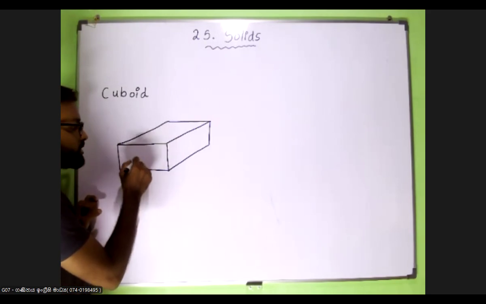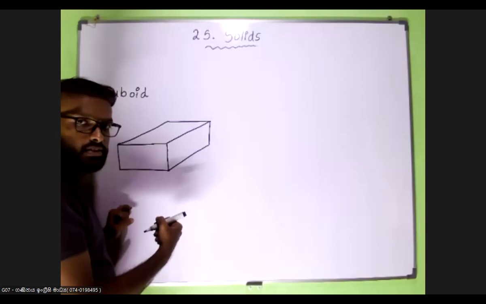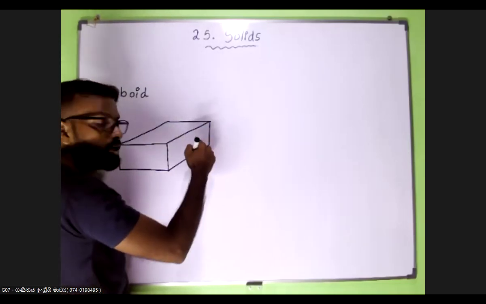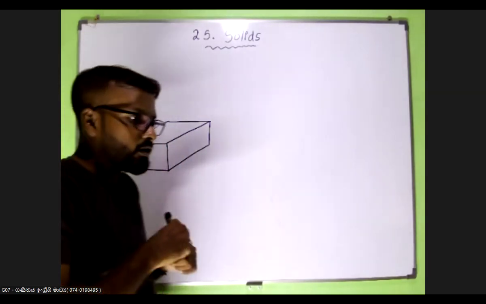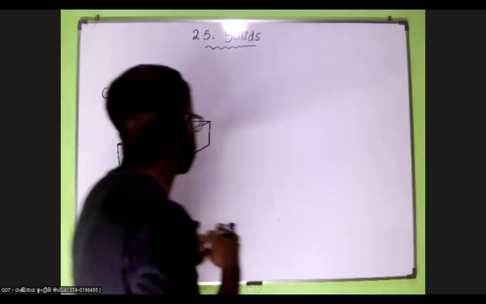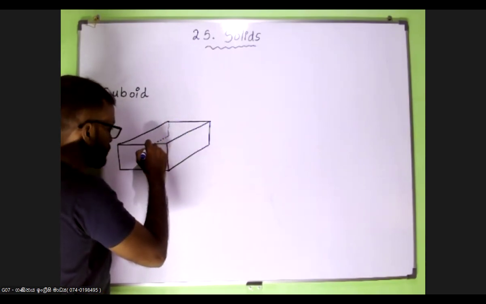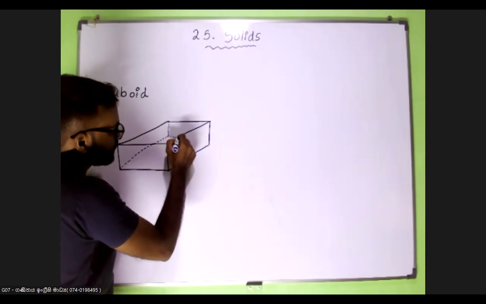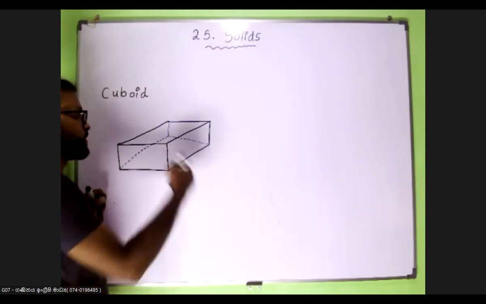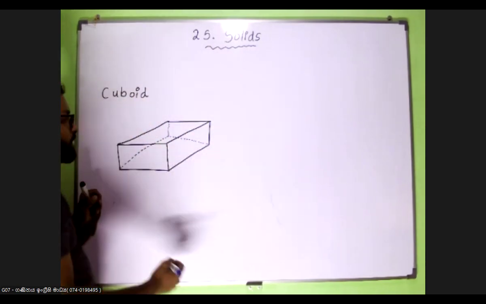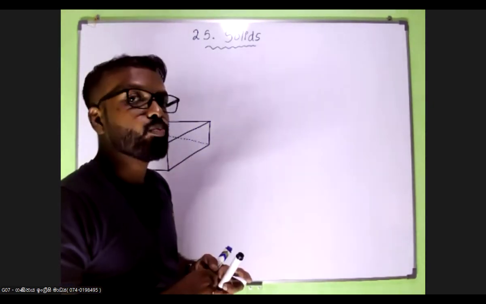From this side you also have a similar face, and on the other side as well. So this is a cuboid. I will draw the other lines as well. This is the other side, and below is the bottom.